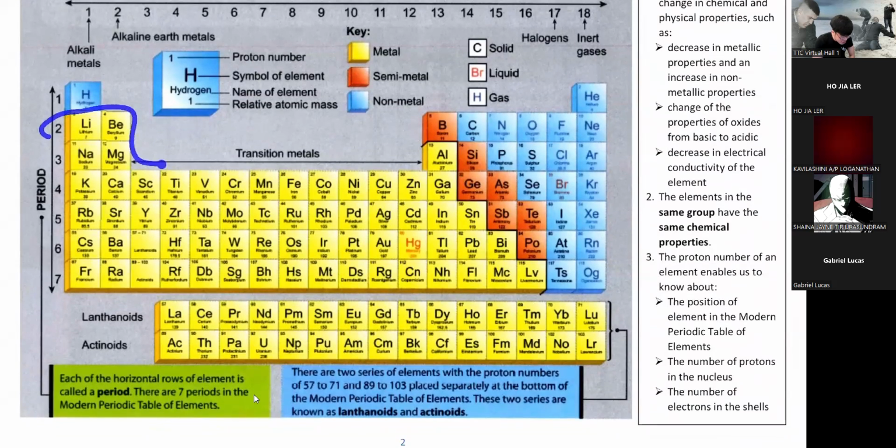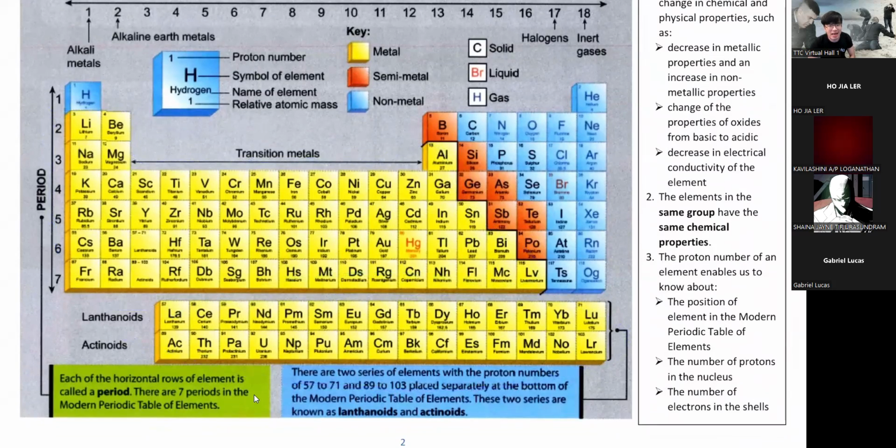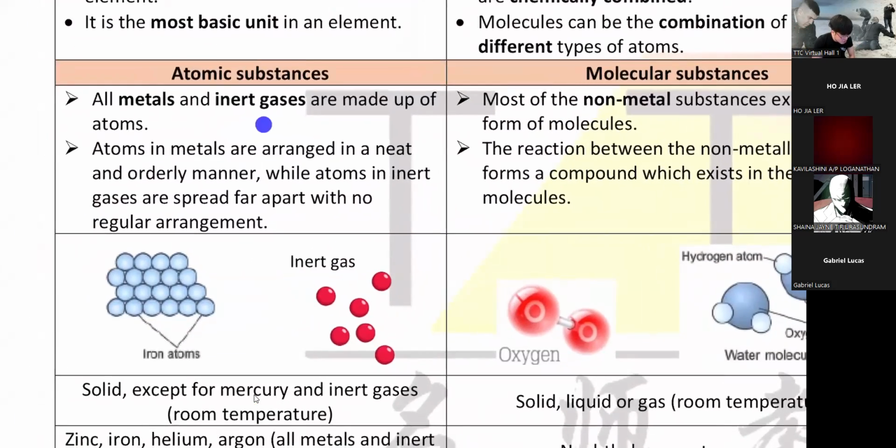All these metals are atomic substances because they are only made from one type of atom. I'm talking about pure metals, of course. Metals can be impure or pure. I'm talking about pure metals.